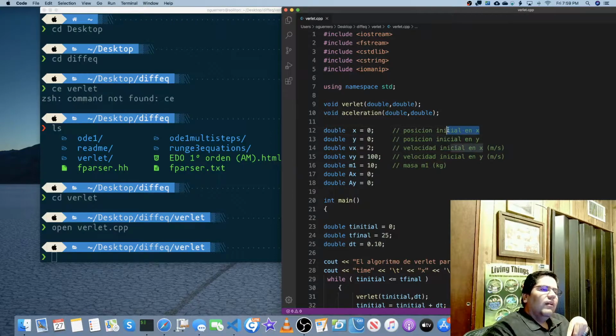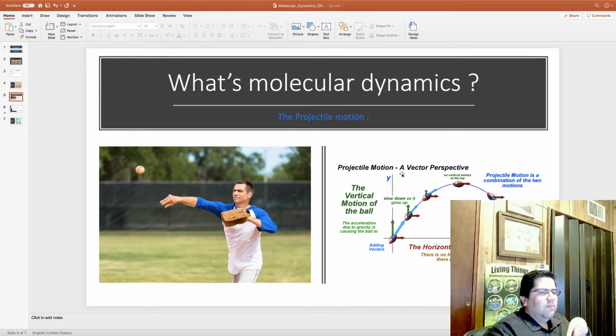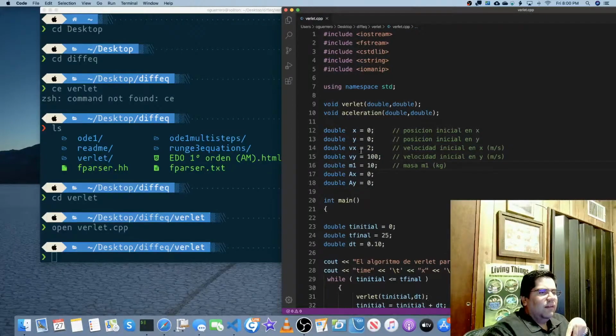You have to have the initial position of the system. In this case x equals 0 and y equals 0, and then you have to have the initial velocity, because, if I go back to the presentation, we are only caring about 2 dimensions, so we only have x and y. Here the x component is going to be 2 and the y component is going to be 100.